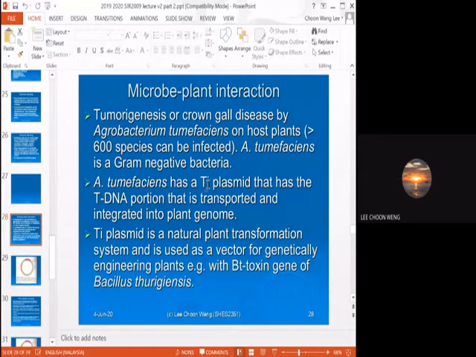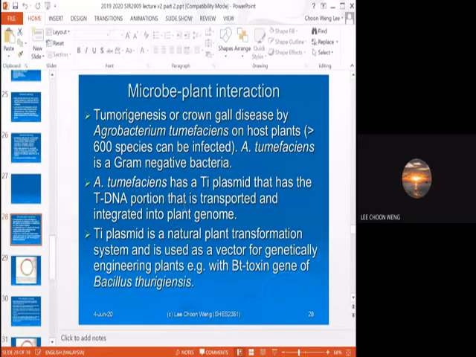So in the TI plasmid, there's a tDNA portion. Okay, tDNA is the transfer DNA portion. So this is the portion that is transported and integrated into the plant genome. Okay.